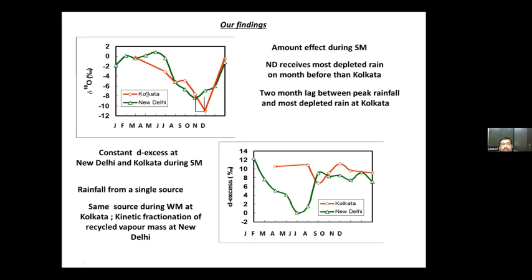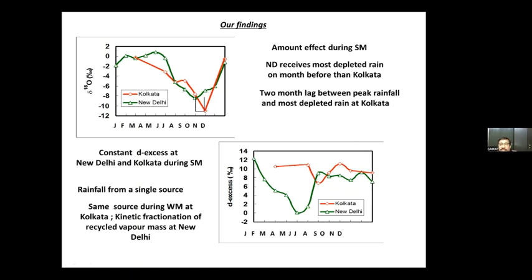When we compare a coastal and an inland station, we found that the variation shows a similar pattern. But New Delhi receives more depleted rain 1 month prior to Kolkata. Another important phenomenon we found is that the maximum rainfall and the minimum isotope have a 2 month phase lag, so they are not working in tandem.